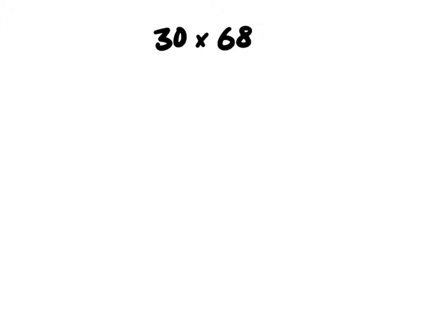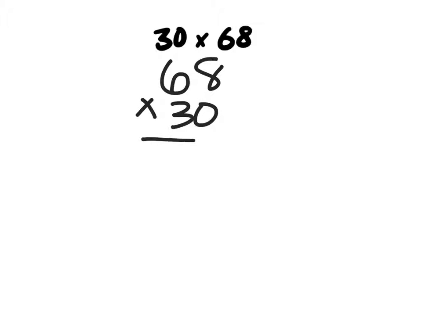So we are going to start off by writing out our problem. 68 times 30. Now, when we look at this problem, we will decompose it by doing 60 times 30 and 8 times 30, because 60 plus 8 gives us 68.